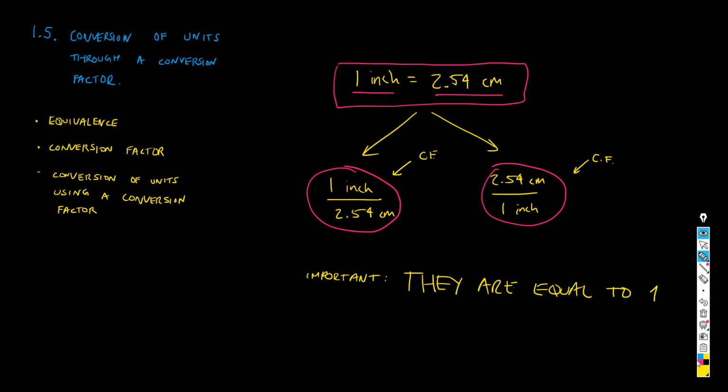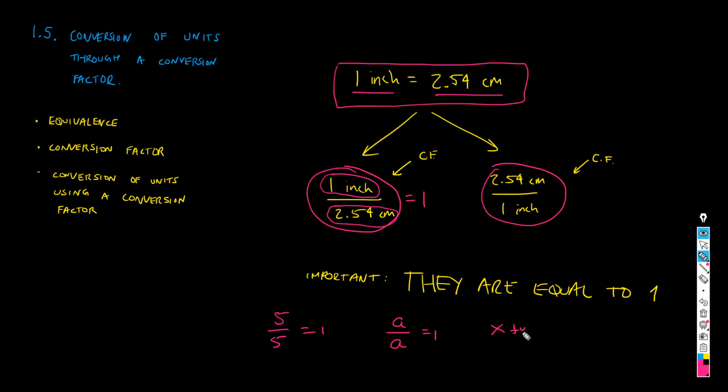Why? Because you are dividing some quantity, in this case 1 inch, over its equal. And when you divide something over its equal, what's that equal to? It's going to be equal to 1, right? It's like when you divide 5 over 5, you will get 1. If you divide a thing over its equal, you're going to get 1.